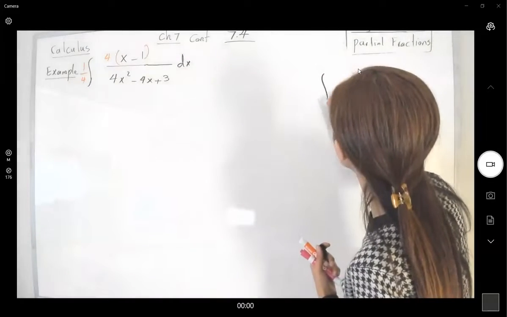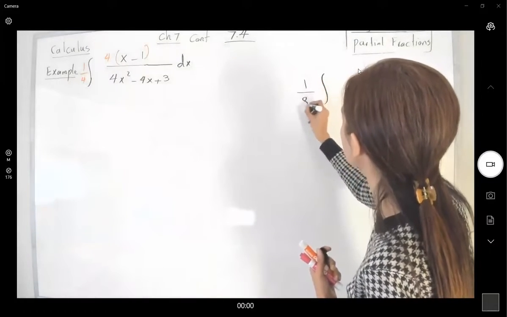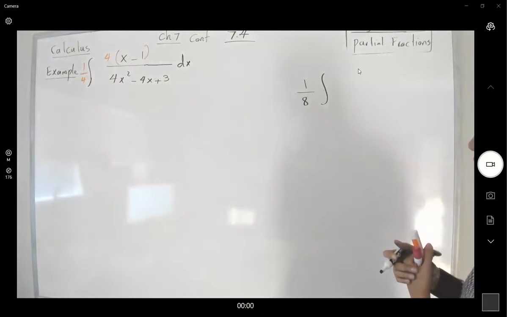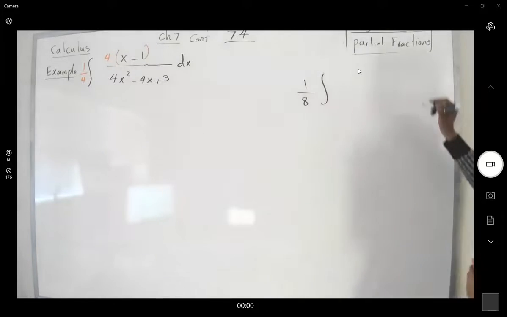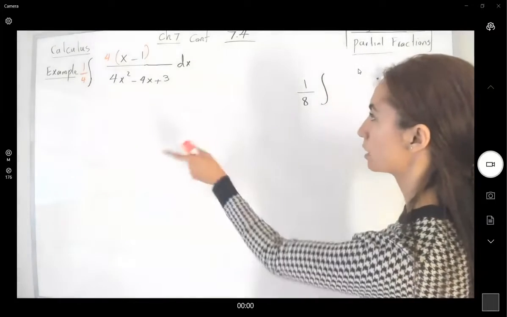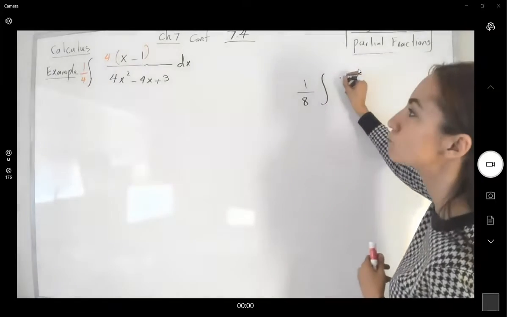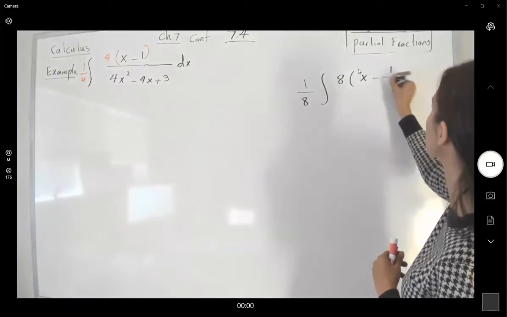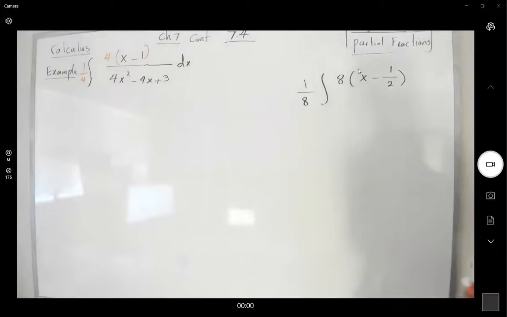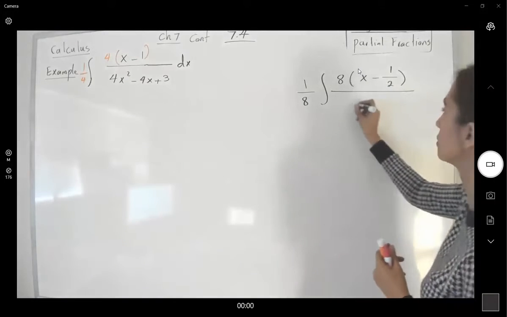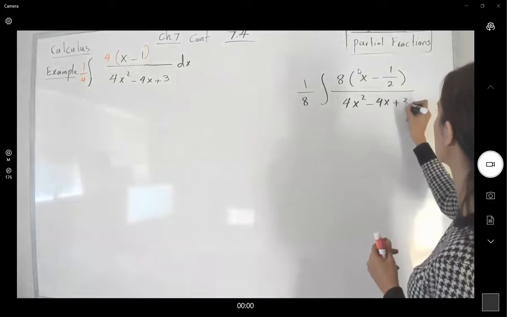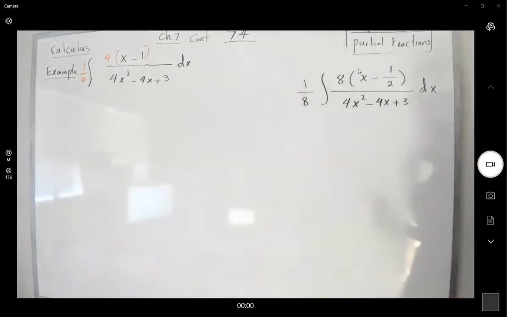We get the integral of 1 over 8 times x minus a half over 4x squared minus 4x plus 3 dx.